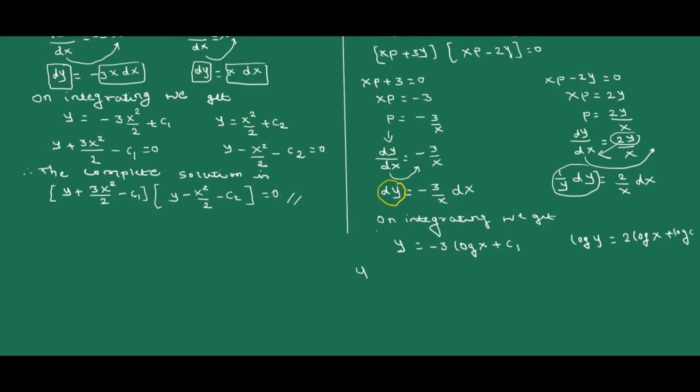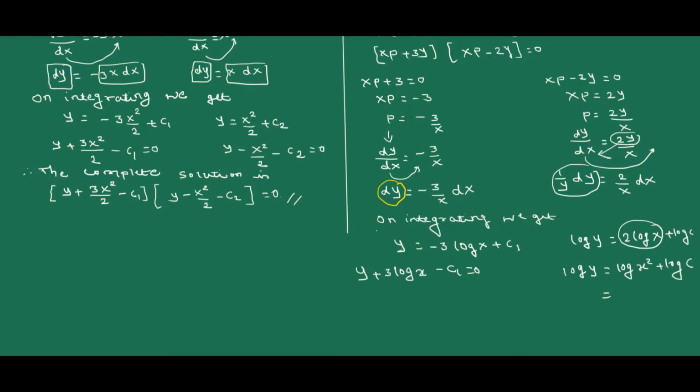So first equation we can write it as y plus 3 log x minus c1 is equal to 0, and here we can write log y is equal to logarithm of x square. 2 log x we can write it as log x square plus log c.